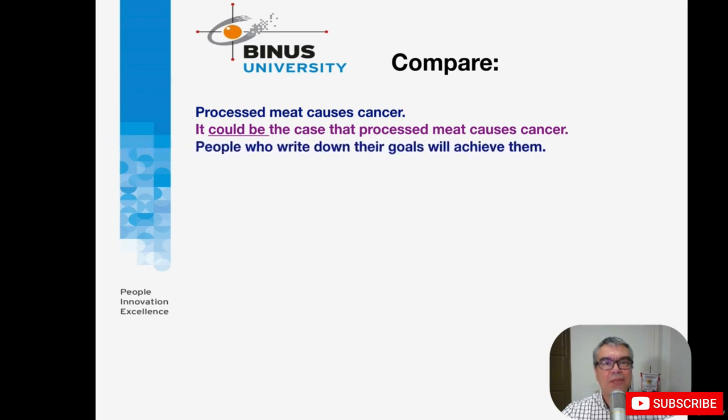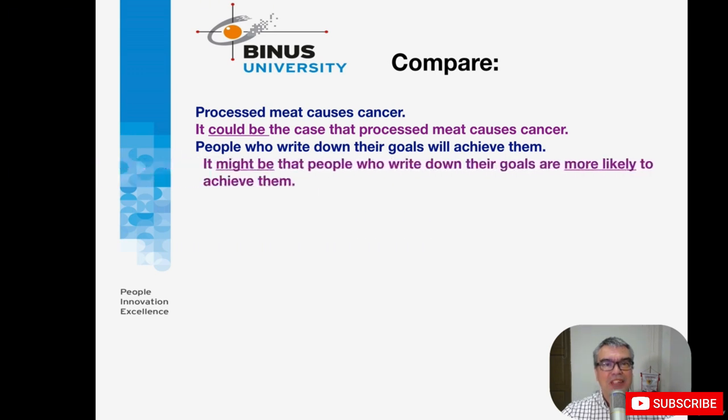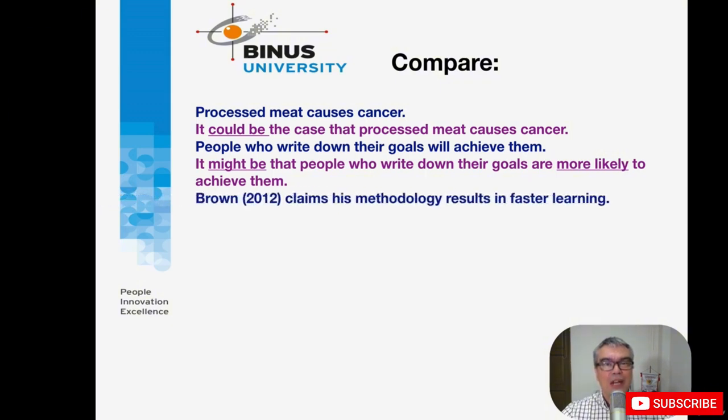And the second one, people who write down their goals will achieve them. And then the sentence with tentative language. It might be that people who write down their goals are more likely to achieve them. And the third one, Brown claims that his methodology results in faster learning.